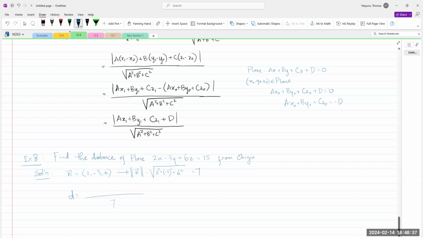On the top, I will use the origin: 2 times 0 minus 3 times 0 plus 6 times 0 minus 15. Well, because when I make this equal to 0, I get 2x minus 3y plus 6z minus 15 equals 0. So I get d equals the absolute value of negative 15 over 7, which is 15 over 7. End of story, done.